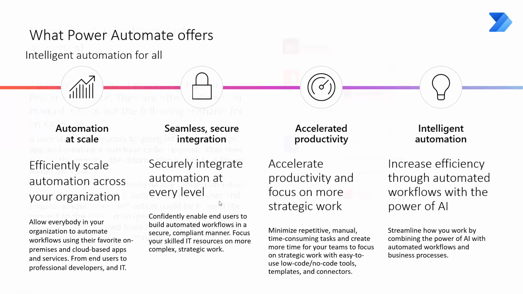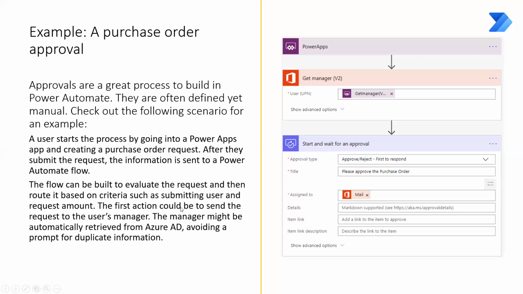Now, one of the simplest examples that you can try to achieve with the help of Power Automate is a purchase order approval, right? So let's say in Power Automate, you have your app which talks about the purchase approval.